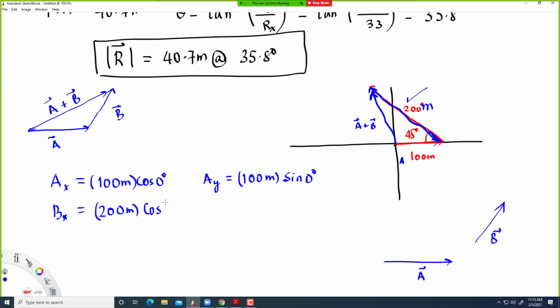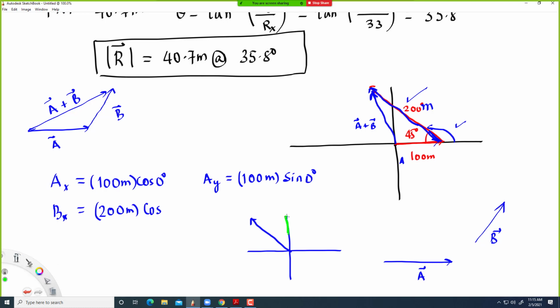So there are two ways to deal with this one. Usually we measure the angle in the counterclockwise direction. Either you choose this angle, or if its x component is pointing to the left, then you put a minus sign in front. What I mean is, you have this vector. Its y component is in the positive direction.